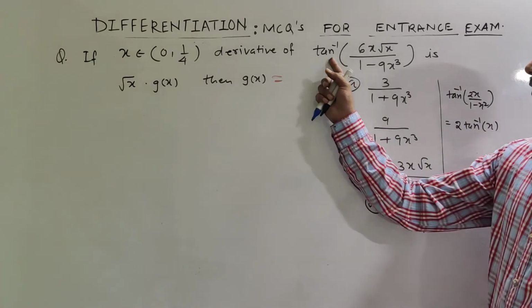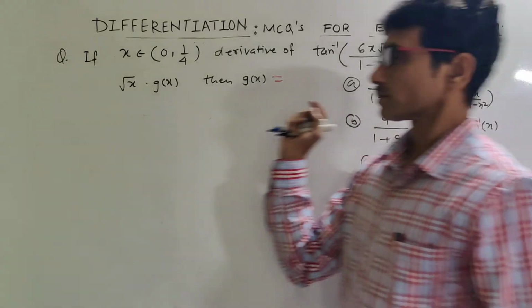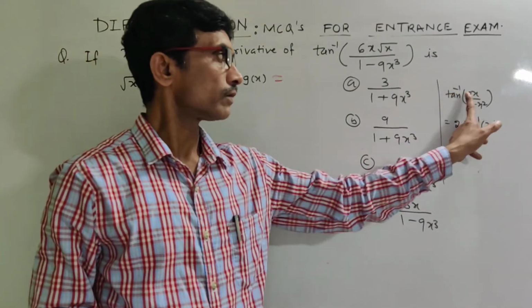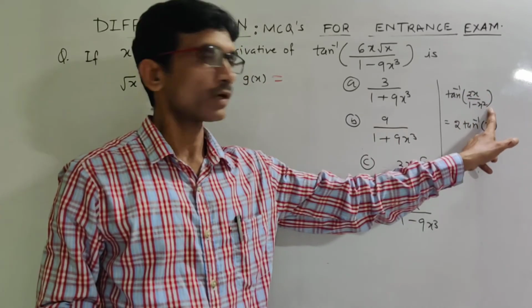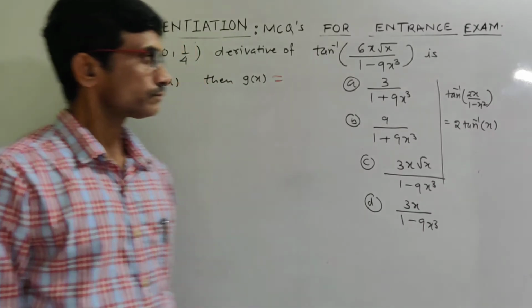Next, the derivative of tan inverse of 6x root x upon 1 minus 9x cube. We can express it in the form 2 tan inverse of theta, since tan inverse of 2 theta upon 1 minus theta square is 2 tan inverse of theta.